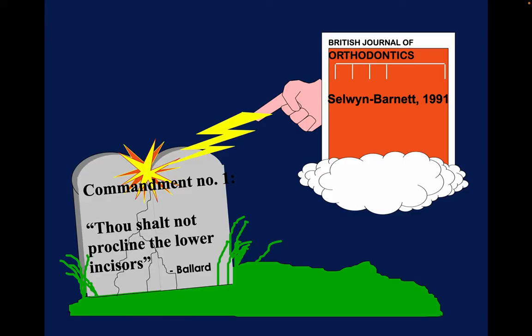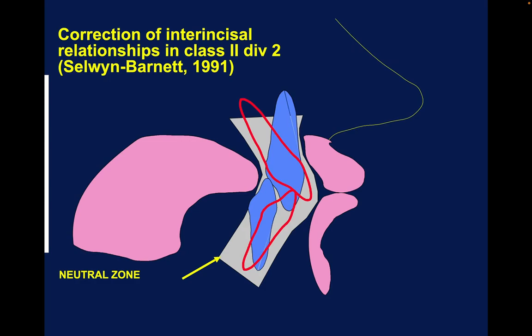And here Selwyn Barnett came in 1991, and she published a paper in the British Journal of Orthodontics, and she said that we can procline the lower incisors. The hypothesis was that the space that was occupied by the upper central incisors will now be occupied by the lower incisors, and the lip space will not be invaded.